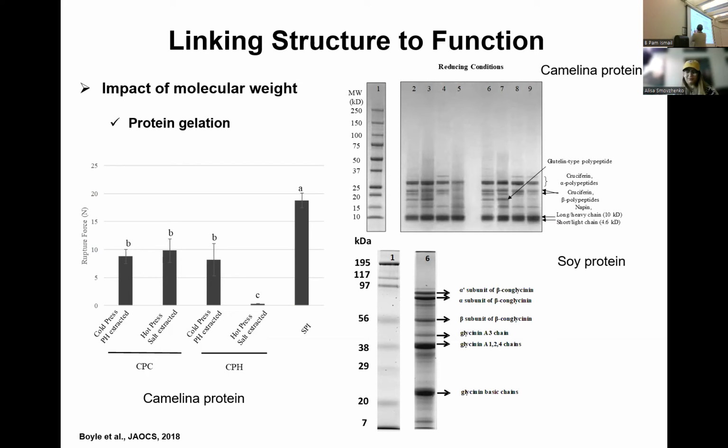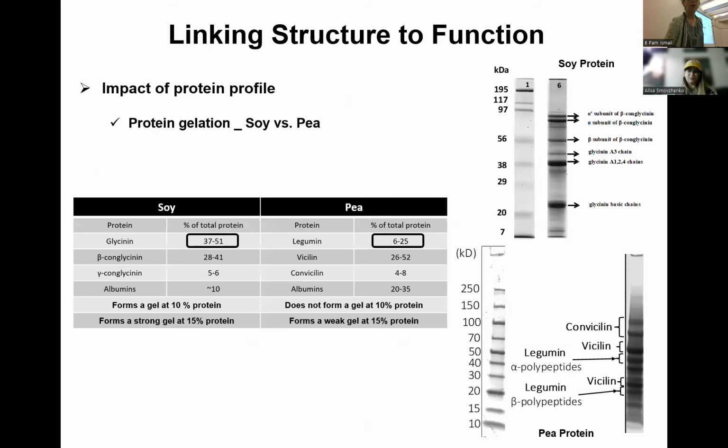So when we look at gelation, there is a vast difference between camelina protein and soy protein. A big part of it is the molecular weight of soy protein. Even more, when we look at pea and soy, we look at not only the molecular weight, but we look at the profile.